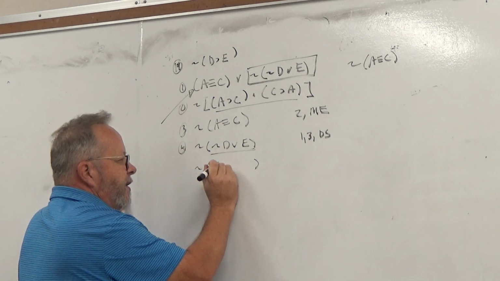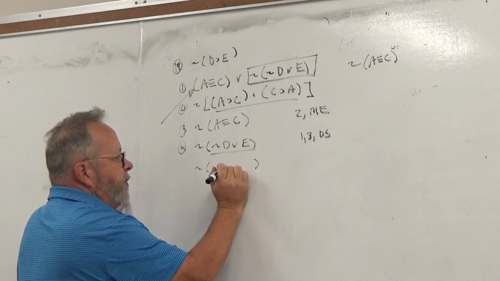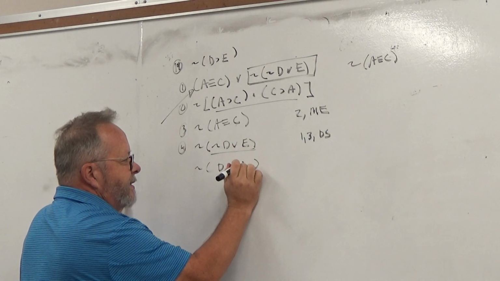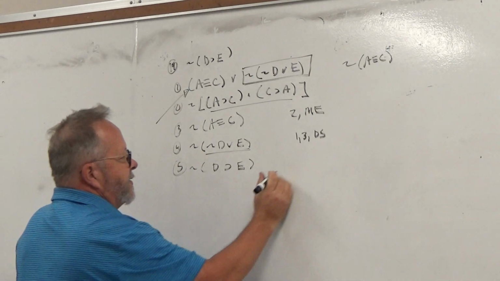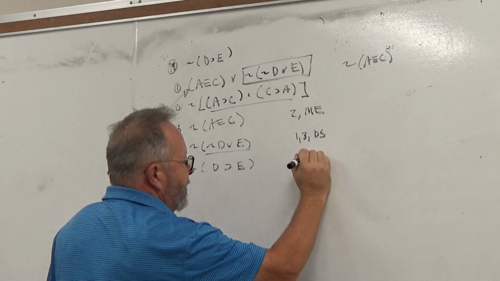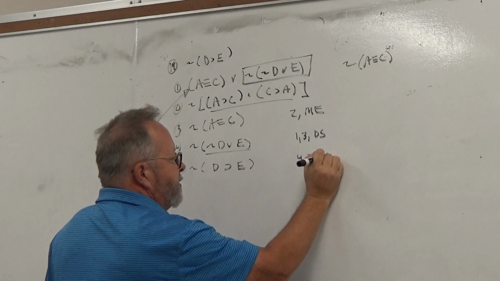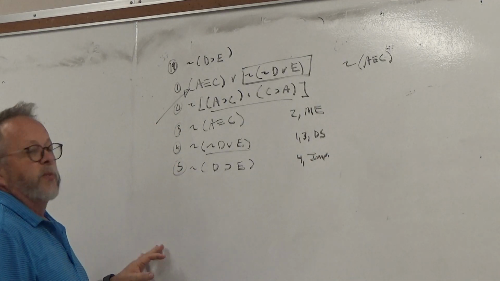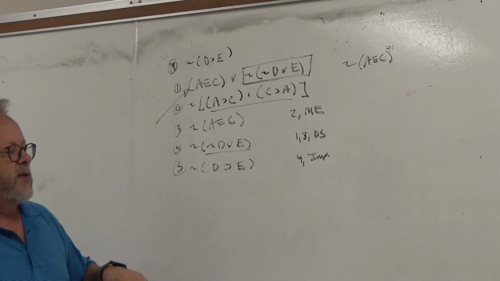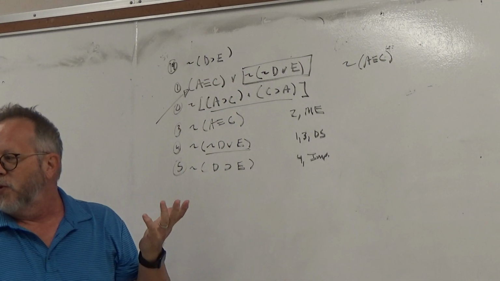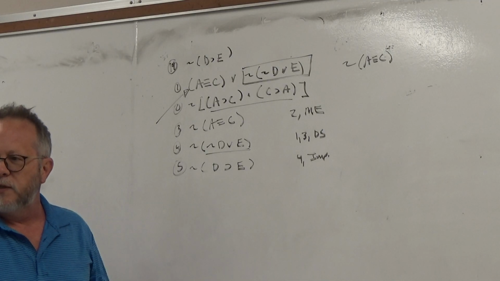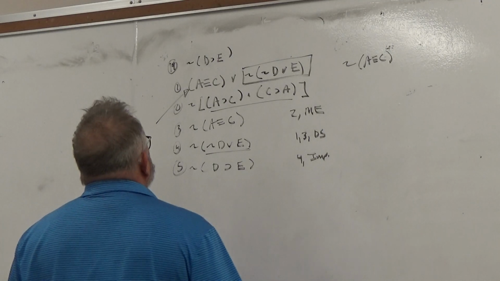The not D becomes a D, the or becomes a then, and the E stays the same, okay? So that's from 4 by material implication, and we're done, okay? So you see, it's like, oh, I got a hunch. Your hunches are gonna work out because there are solutions to these problems. Okay?